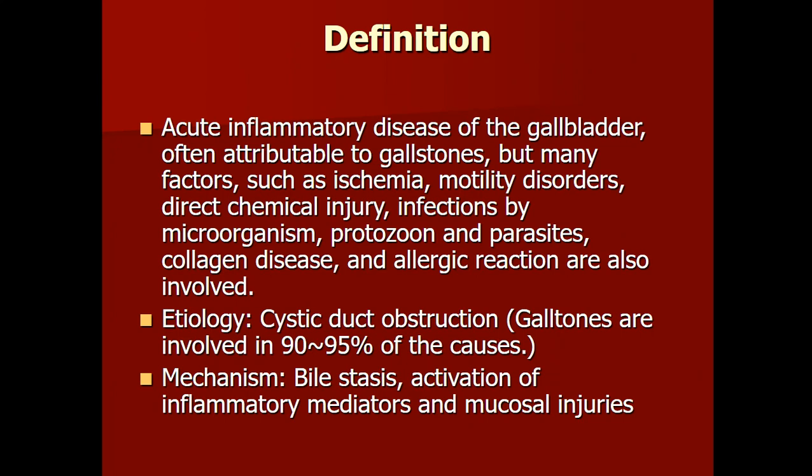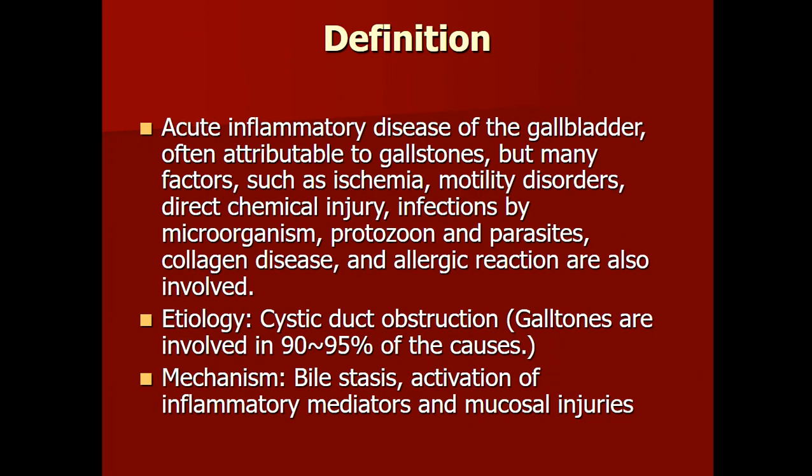So, acute inflammatory disease of the gallbladder, often attributable to gallstones, but many factors such as ischemia, motility disorders, direct chemical injury, infections by microorganisms, collagen disease, and allergic reaction are also involved.